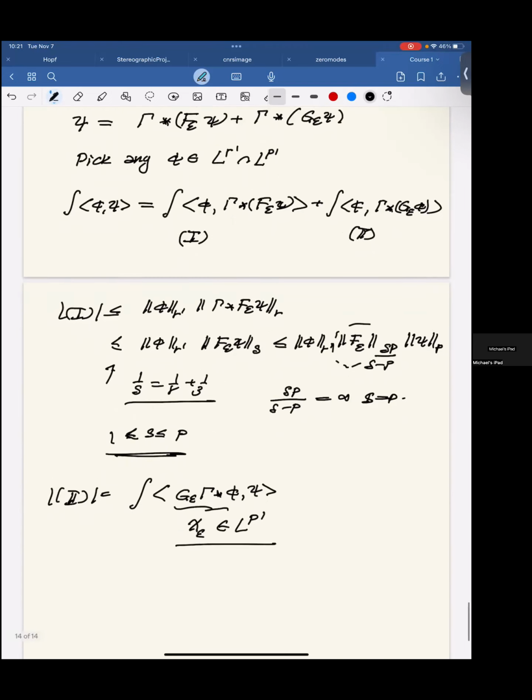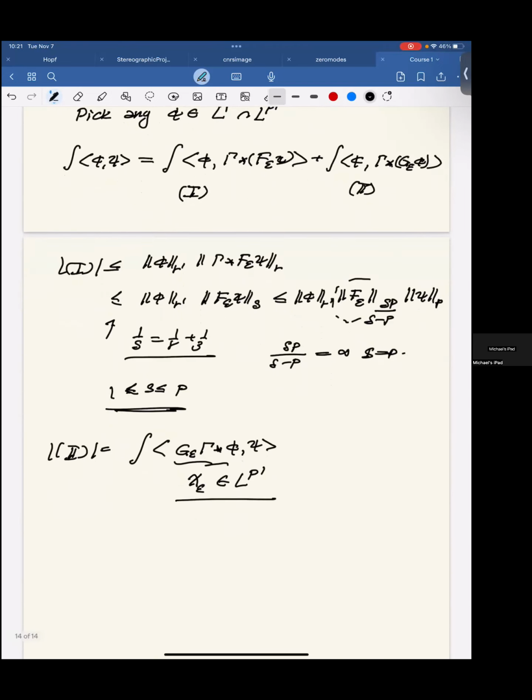Okay, let's prove this. It's again easy. Chi epsilon P prime is less or equals G epsilon 3 times the gamma star phi, and what is it, T, which of course is less than the G epsilon, which you keep, right? 3 phi P prime.